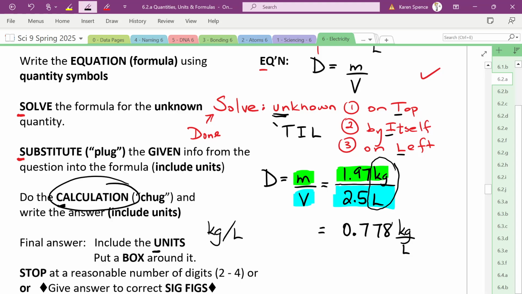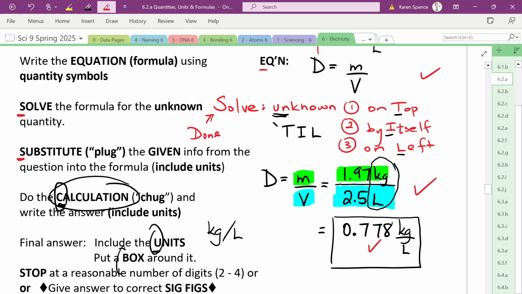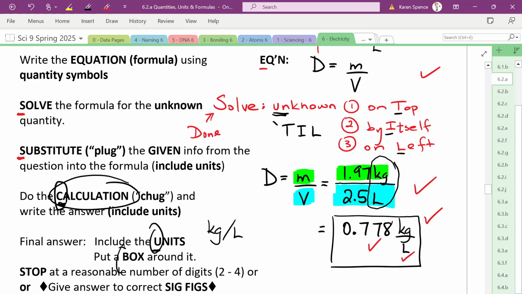We've got the C, we've got the U. The B in CUBS stands for put a box around your answer. You literally get a mark for putting a box around your answer. So we substituted, we calculated, we have the units, and we have the box.